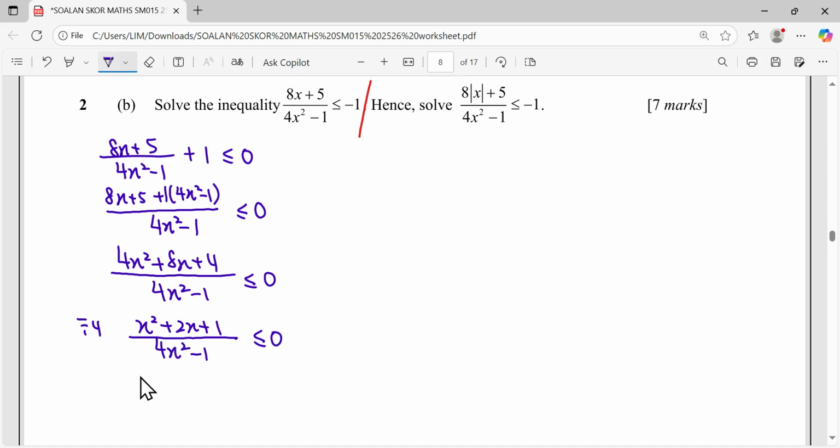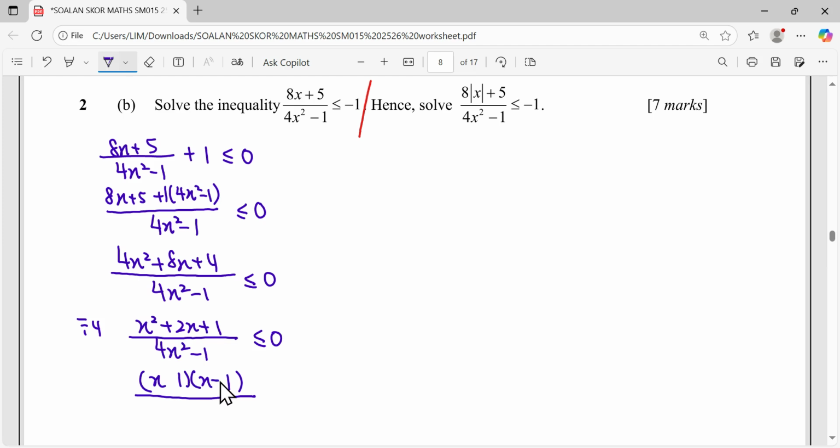With this quadratic, we can try to factorize x squared plus 2x plus 1, which is x plus 1 times x plus 1.